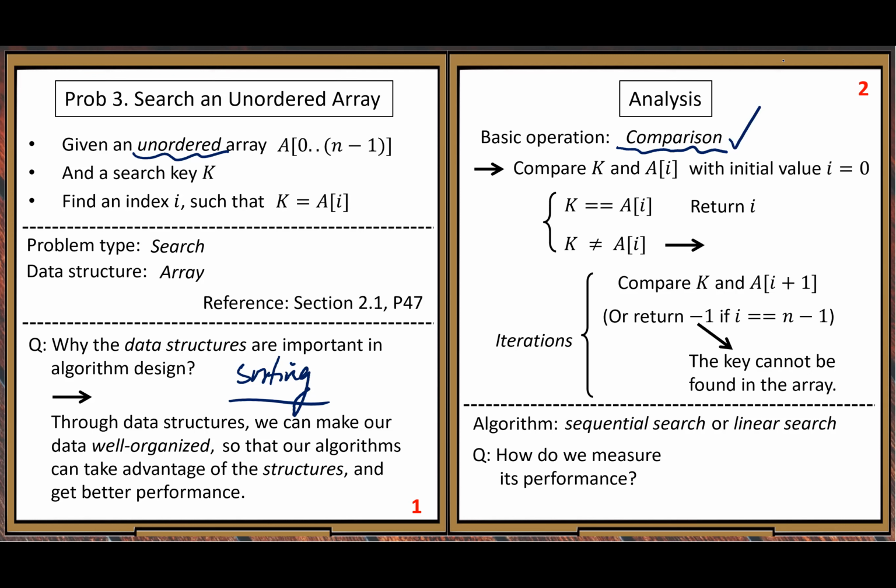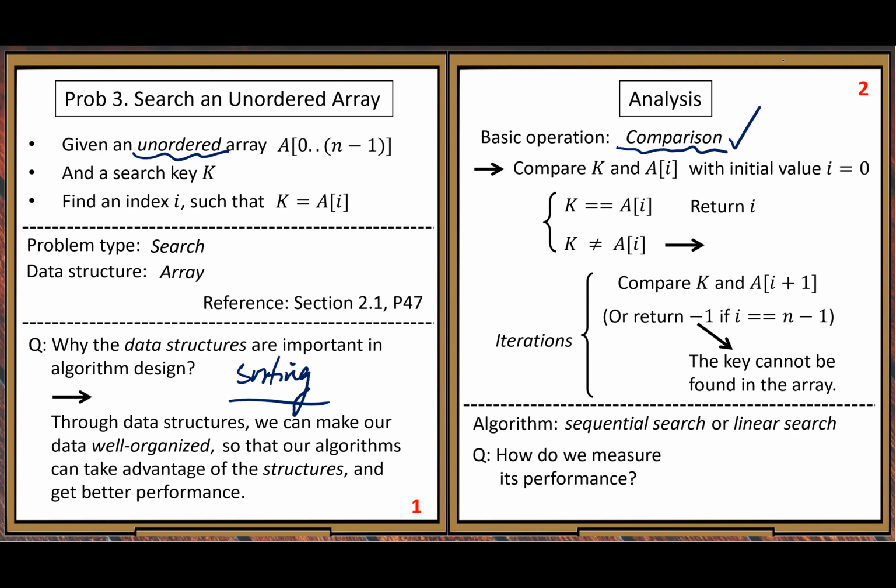So how do we measure its performance? Naturally, we use the number of comparisons. How many comparisons do we need to find the given key? That's the measure, number of comparisons.